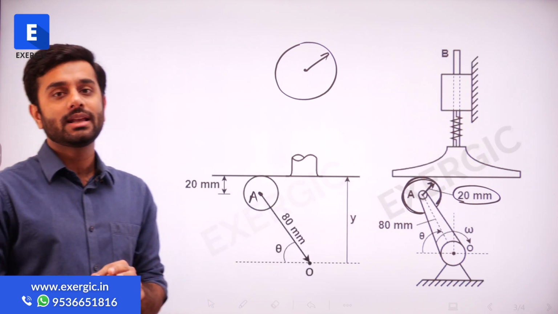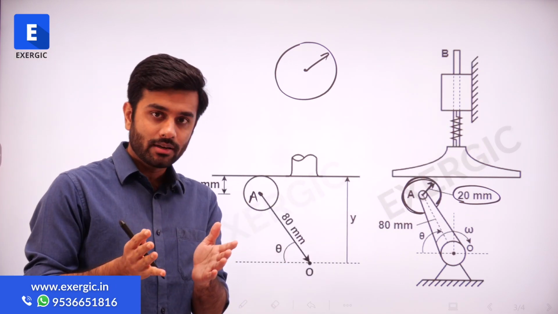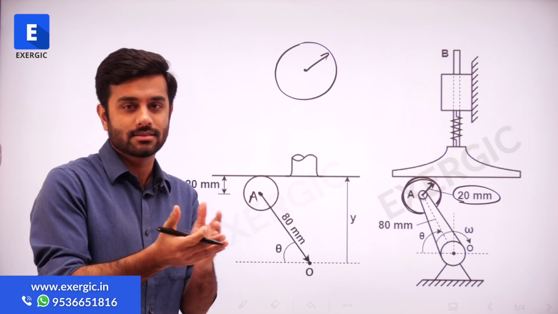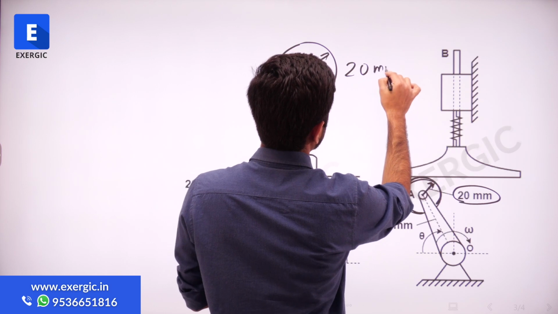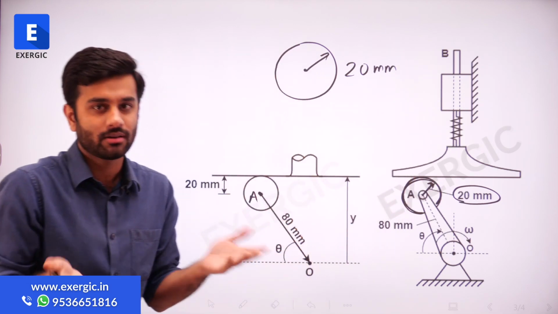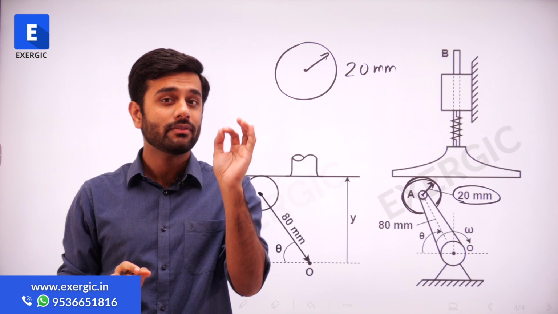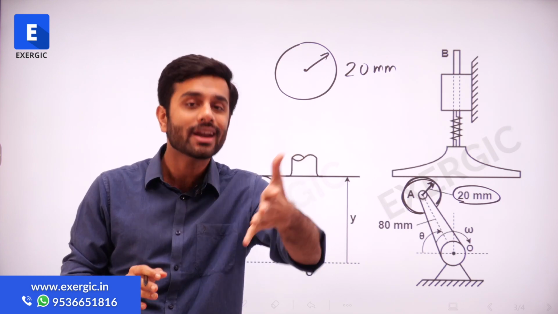So there is a possibility that you misinterpret it as diameter or radius, right? If the question has mentioned 20 mm, clearly 20 mm will either be radius or diameter, but you have to interpret correctly whether it has been given as a radius or diameter.